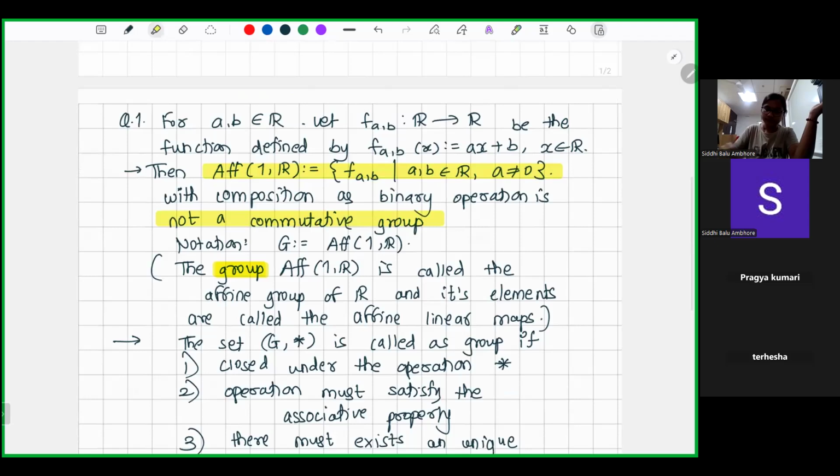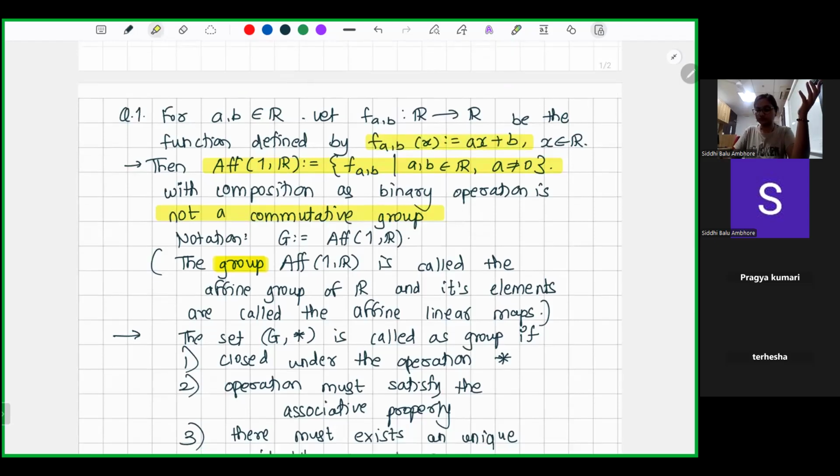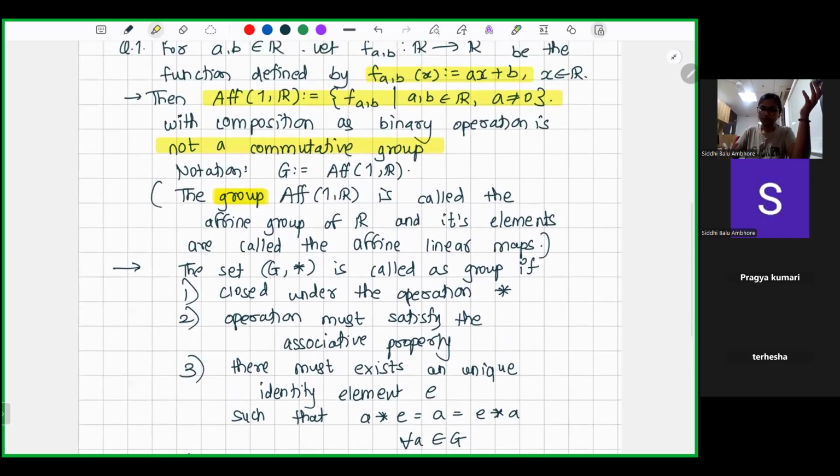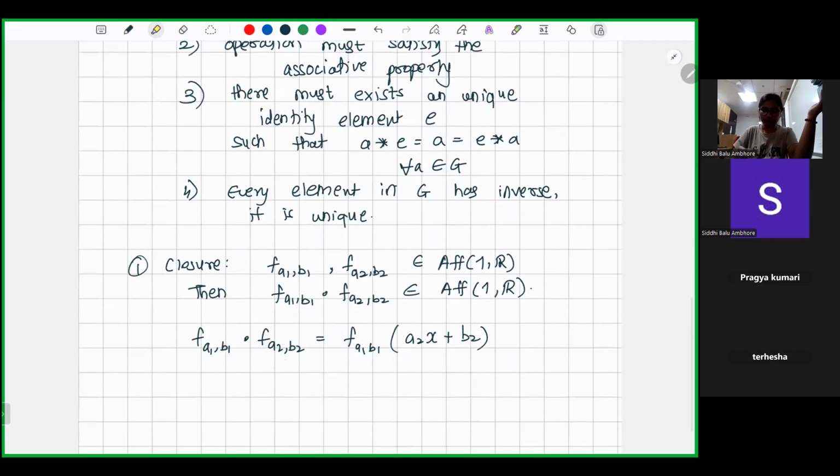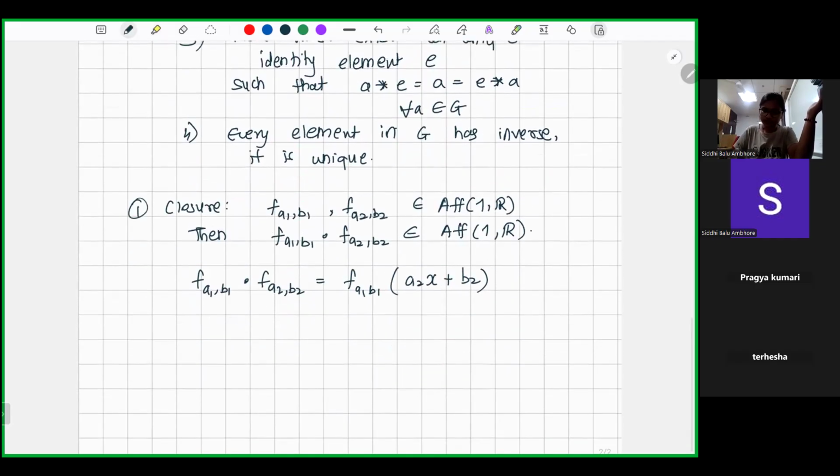And f_{a,b}(x) is ax + b, so f_{a1,b1} applied on it is what we are calculating here.